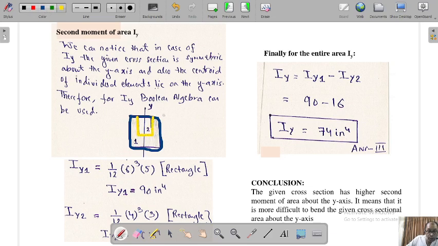These two have one thing in common: they are both symmetric about the y-axis. So since they are symmetric about the y-axis, we can use the rectangle formula directly to solve the problem. This is a very important point that you must remember.